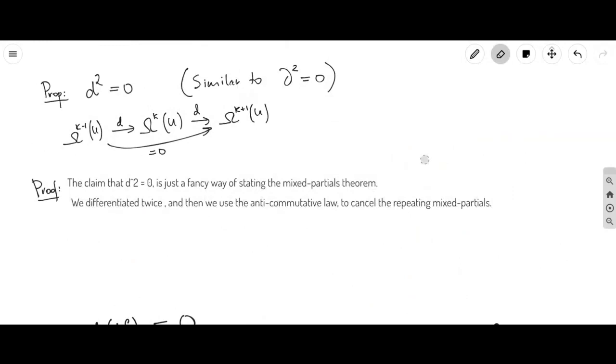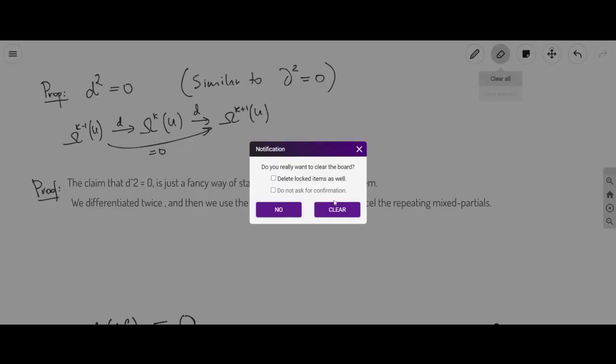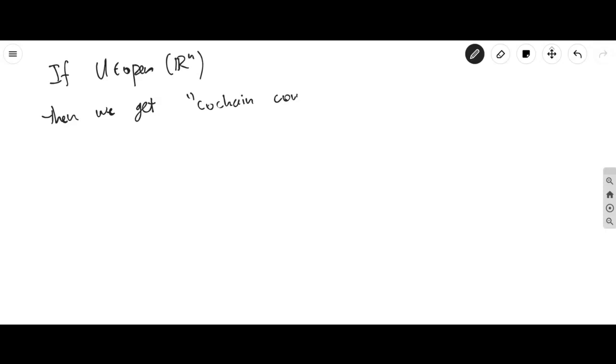So let's remove this and actually say something interesting out of this. If U is an open Euclidean set, then we get what is known as a cochain complex, the cochain differential form complex.